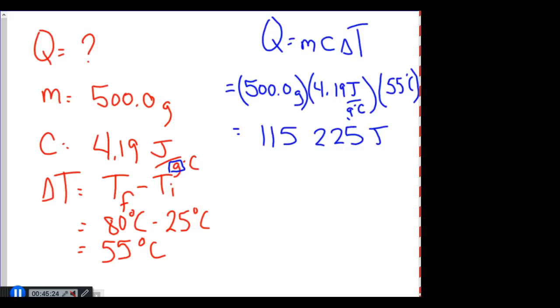The answer is 2 sig figs, because in multiplication and division, we look at all the numbers in an equation. For example, here, 1, 2, 3, 4 sig figs, 1, 2, 3 sig figs, 1, 2 sig figs, which means we only get 2 significant figures.